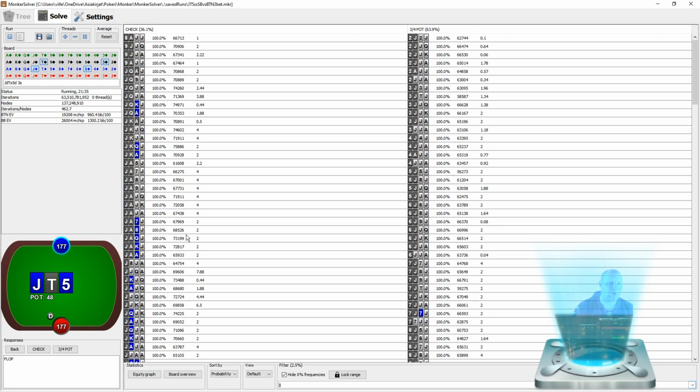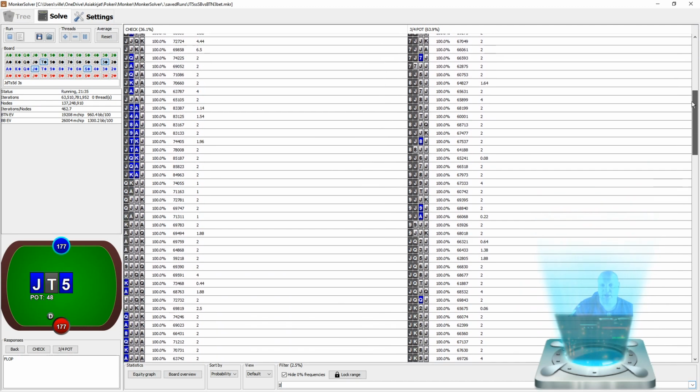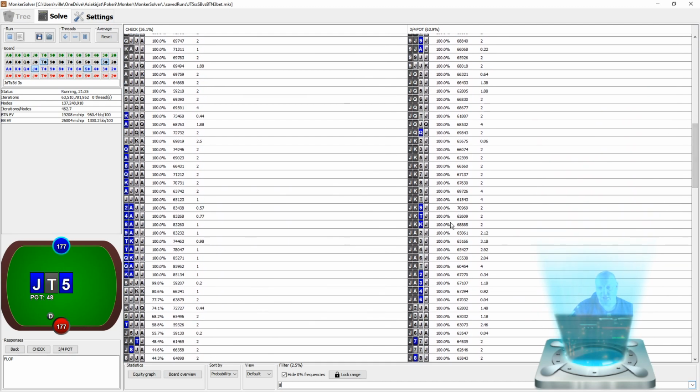Remember, the opponent is not folding as often, and is not bluffing as often if we check. So the solver is going to check-raise with Jack 8, Ace Jack 9 type of hands. So there's a lot of pocket jacks with some Broadway cards. So pocket jacks with additional equity, pocket jacks with flush draws.